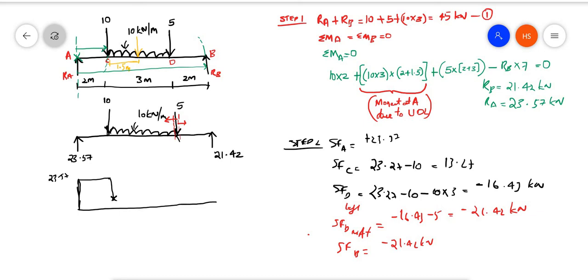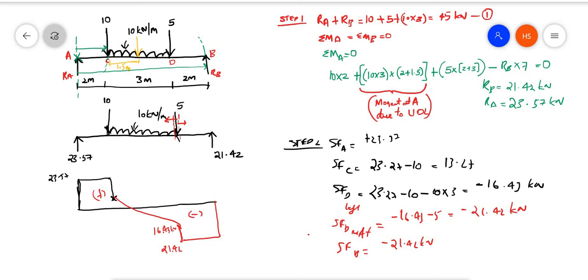First one, 16.43, and again that is changed to 21.42. Okay, then here it is coming and you can join like this. This can be joined in a straight line. So this region will be positive and this region will be negative.